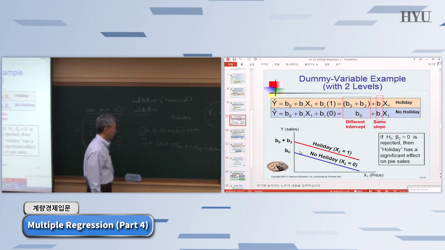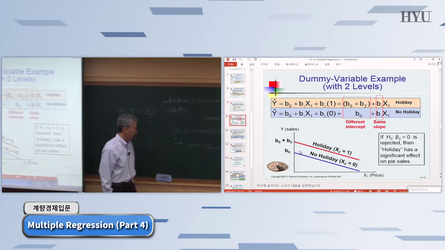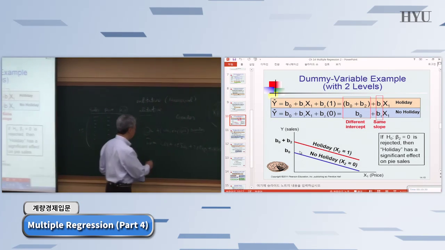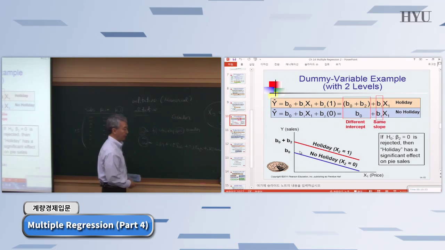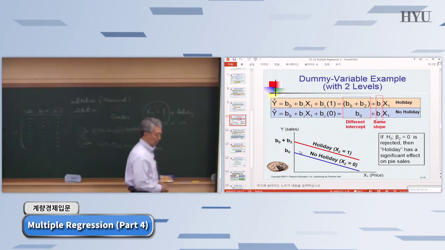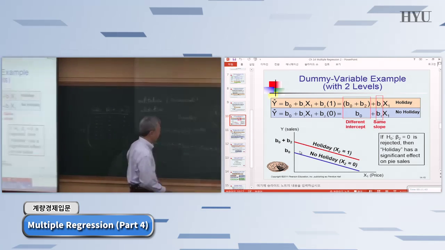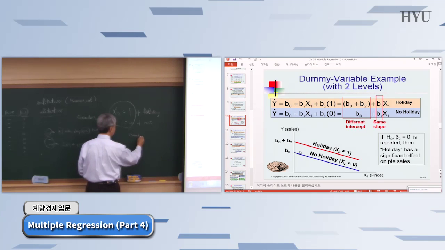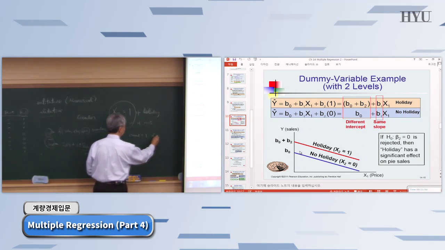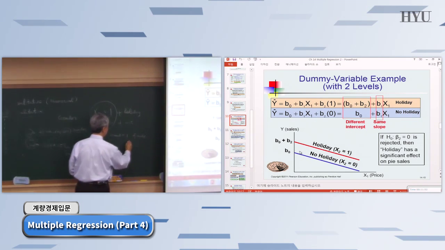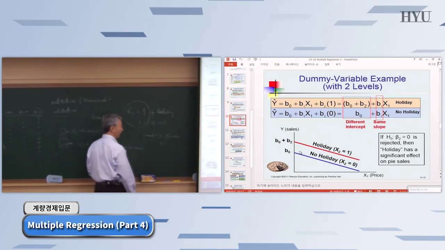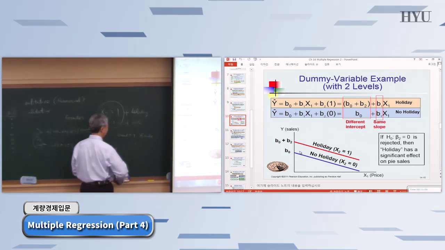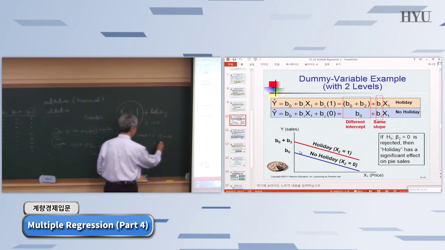Then can someone explain, interpret this result? Wage is measured in dollars per hour. Explain how the gender variable is created. 1 if male, let's say, and 0 otherwise.